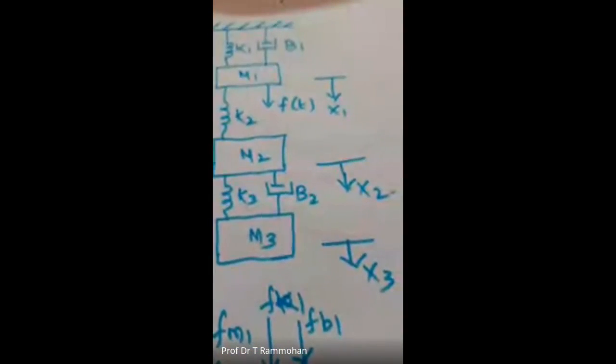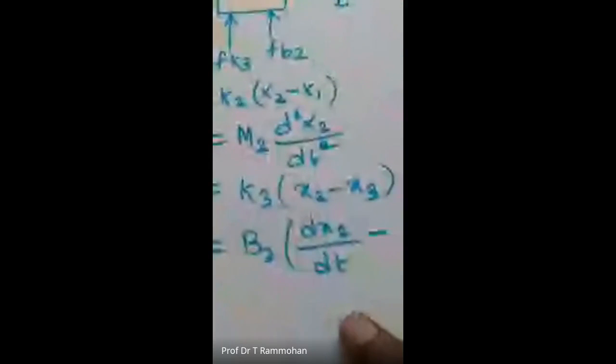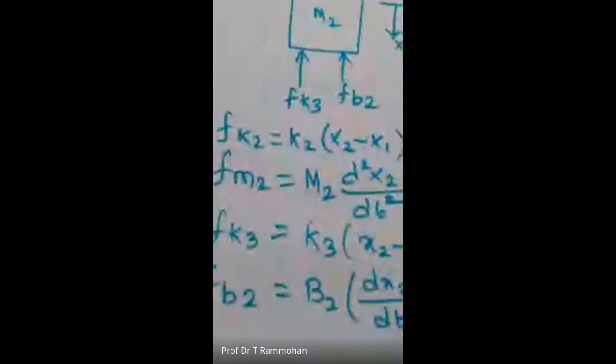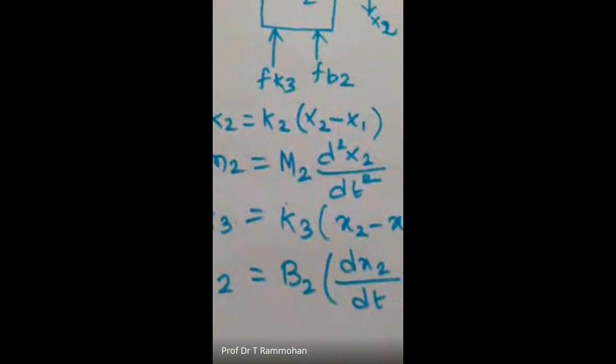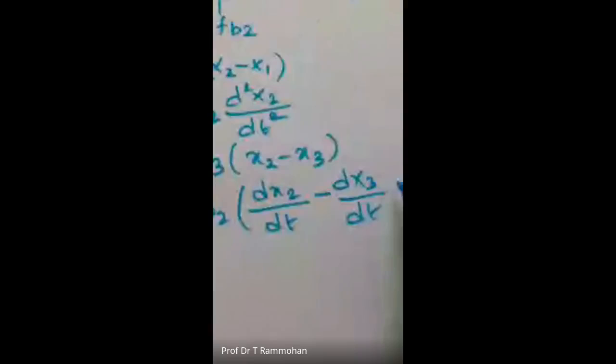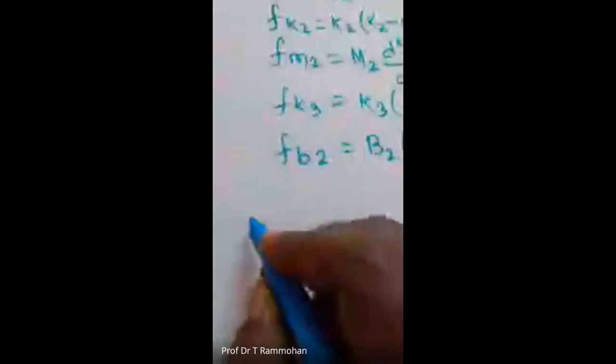So the displacement connected with M2 is X2 and M3 is X3. So FB2 equal to B2 into dX2 by dt minus dX3 by dt.